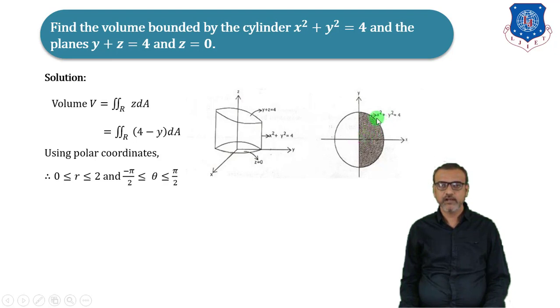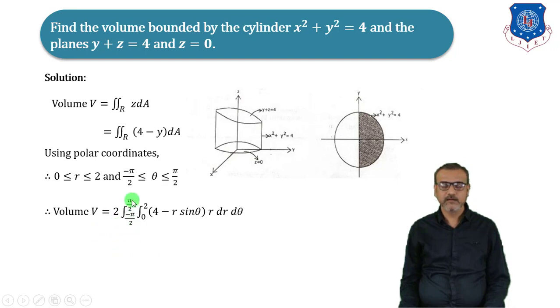So definitely the value of r will vary from 0 to 2, and you can see from the diagram that theta will vary from minus pi by 2 to plus pi by 2. But we have to consider this whole circle, so in the integration we will multiply the result by 2. Therefore the volume V equals multiplying this whole result by 2, so it will cover this whole circle. So this is equal to 2.